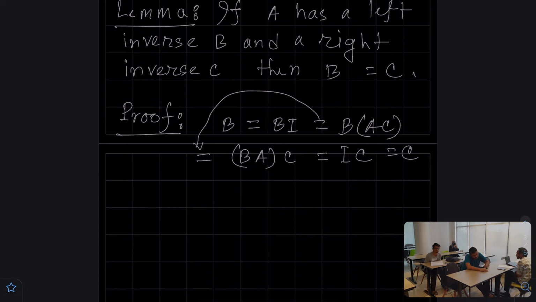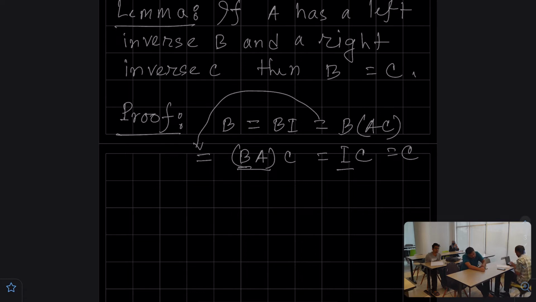Associativity of matrix multiplication. So B times AC is BA times C, and since B is the left inverse of A, BA is the identity, and identity times the right inverse C equals C. That means B equals C. So when left and right inverses exist, these two are equal.